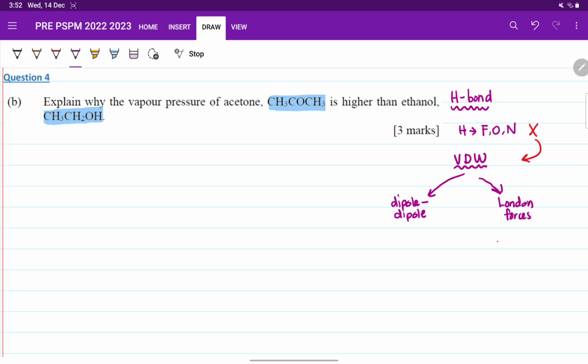Okay, macam mana kita nak bezakan which molecule will have dipole-dipole forces and which molecule will have London forces? So, this one is quite simple. Kita tengok kepada polarity of the molecule. So if your molecule, the overall molecule is polar, so kita akan ada dipole-dipole forces kat sini lah. Okay, so polar molecule, dipole-dipole. So London forces adalah untuk non-polar molecule.